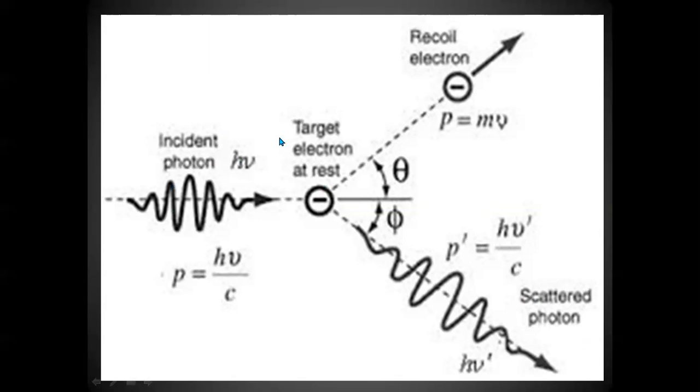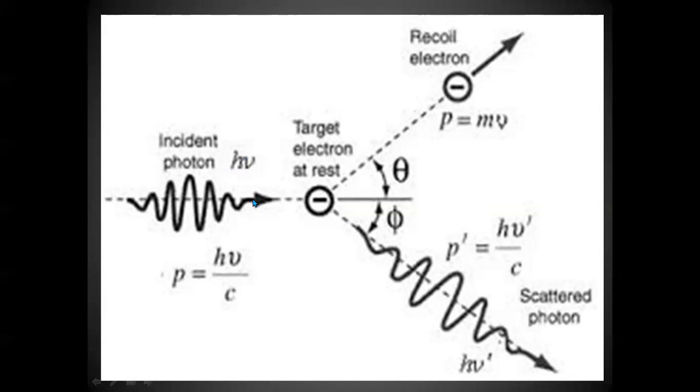Now let us talk about the quantity of energy in this incident photon and the quantity of energy in the scattered photon. As we know, some amount of energy is utilized to remove this electron. Therefore, this will have less energy than this photon. Now, you know that the amount of energy depends on frequency.